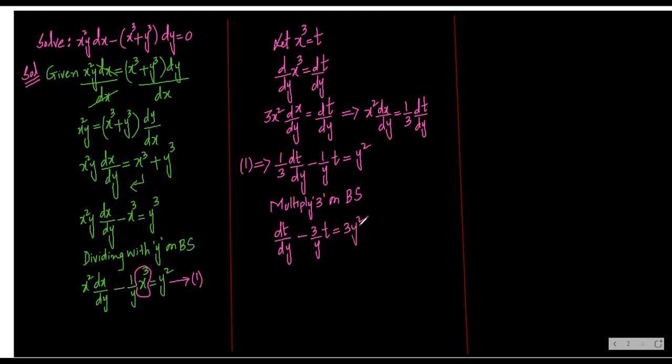Now this equation will be converted to linear form, dx by dy plus p of x is equal to q, comparing with the standard form. Here the variable t is working as x. It means this is the value of p and this is the value of q. P value is minus 3 by y and our q value is 3y square.